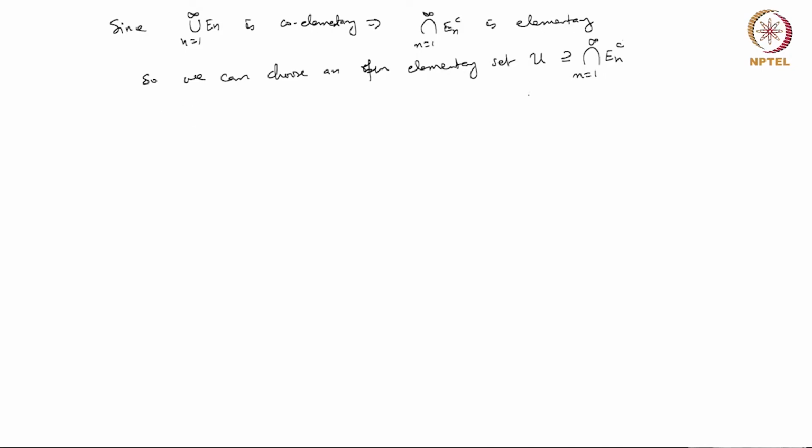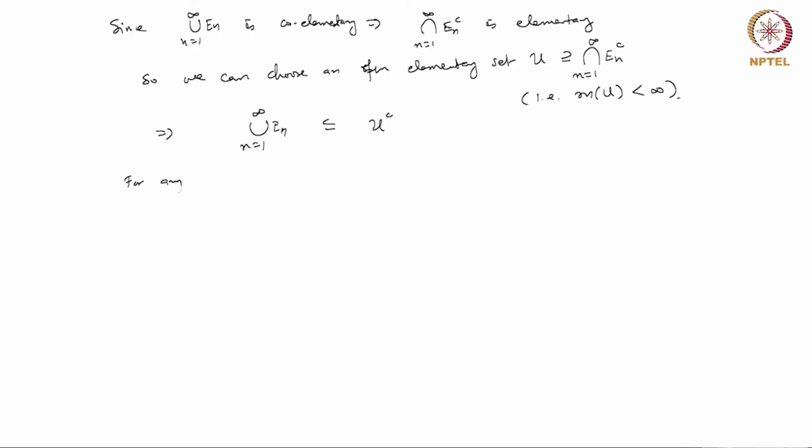So in particular the elementary measure is finite. Now once you again take complements, this means that the union of En's is contained inside the complement of this open set U.